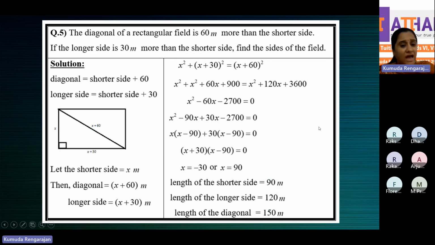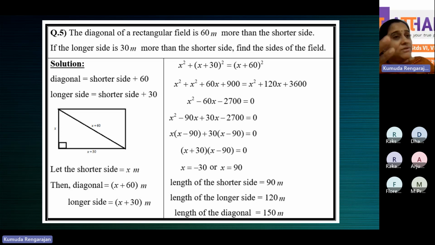So when you are practicing, see, I have taken the shorter side as X here. When you practice, you take the longer side as X, or you take the diagonal as X. You will get different equations. And for X also, you will get different values because X is different in your cases. X is the shorter side, X is the longer side, X is the diagonal. So you cannot get the same value for X in all the cases.